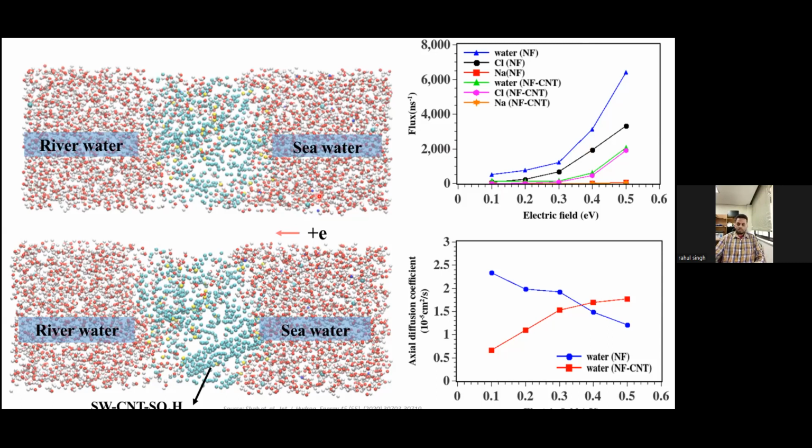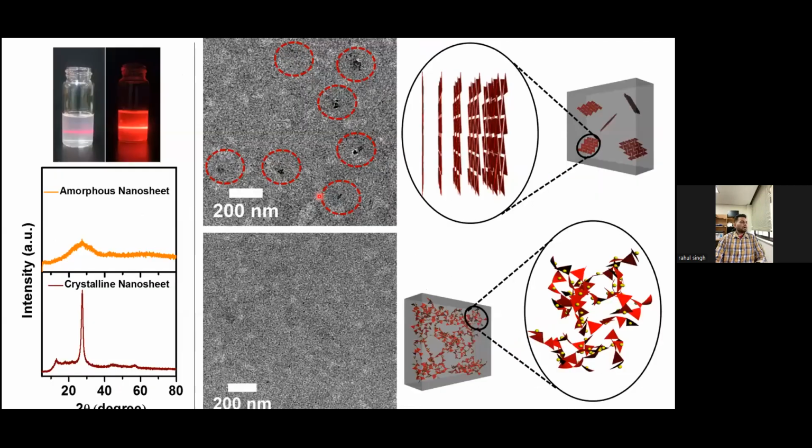So this was one of the good results which we have seen. And similarly, when we introduced these fillers, we found that some agglomeration also took place inside. This is due to the crystallization of particles.